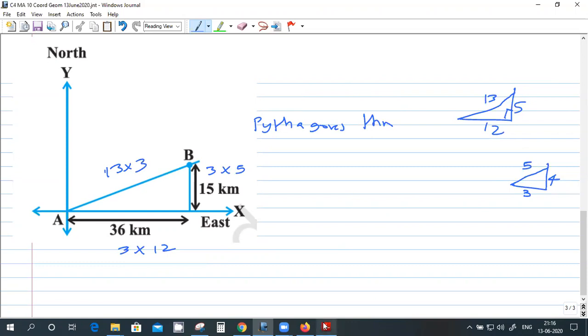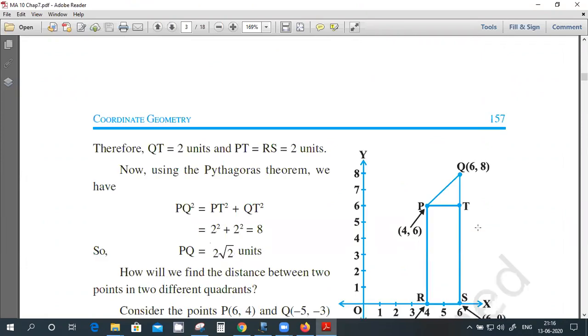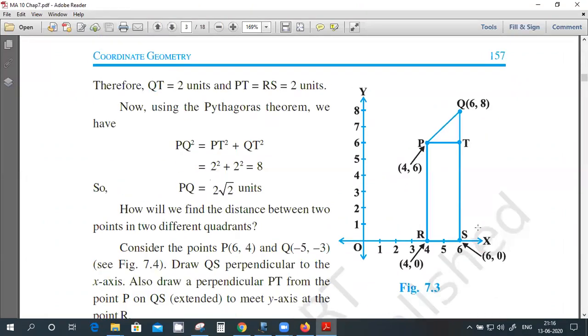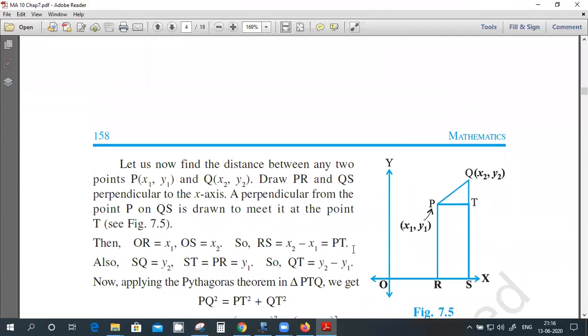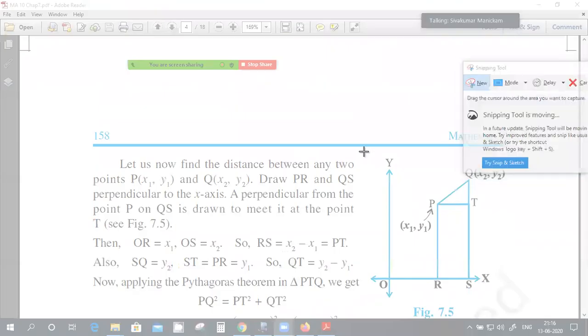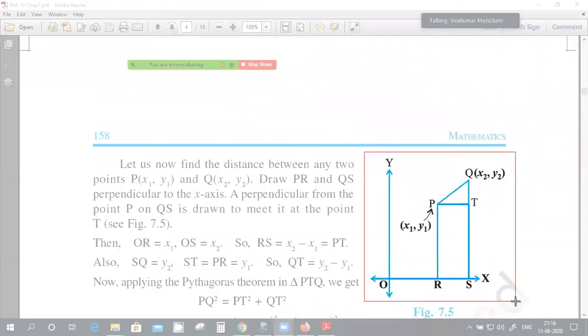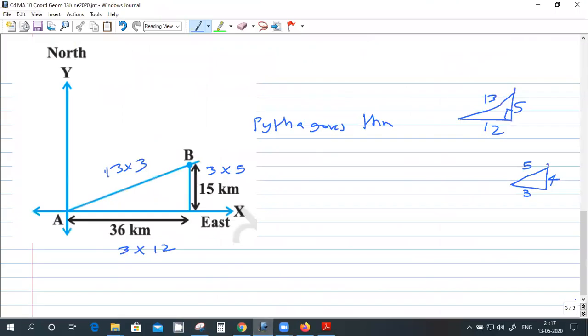Similarly, you can find the distance between any two general points in the coordinate plane. What do you think is the distance between these two points, P and Q?